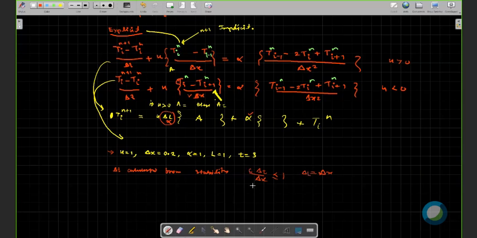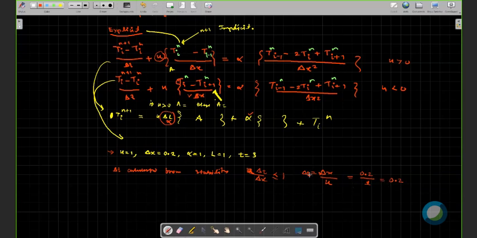Here c is nothing but u. So u delta t by delta x will give you the delta t. What is delta x? Delta x is 0.2 divided by u is 1. So your delta t is 0.2.